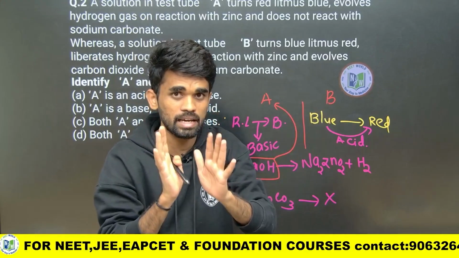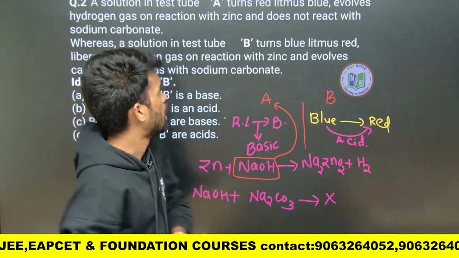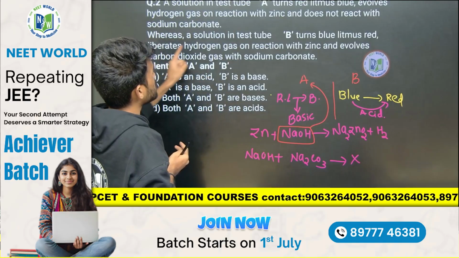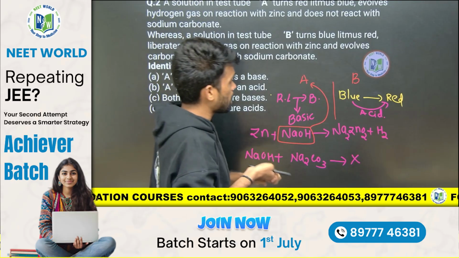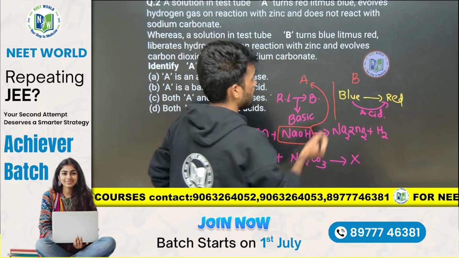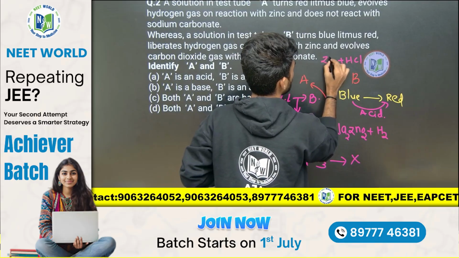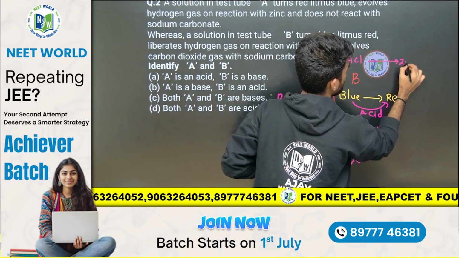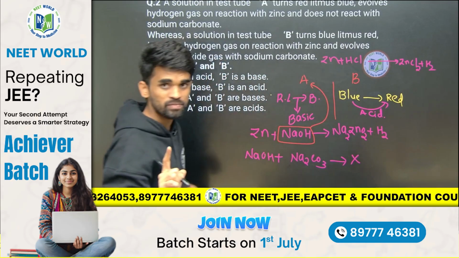Hope it is clear. Next, it liberates hydrogen gas on reaction with zinc. For example, I have HCl, hydrochloric acid. So HCl on reaction with zinc, what will we get? Zinc chloride, ZnCl2, plus hydrogen gas is evolved. This is also perfectly right.